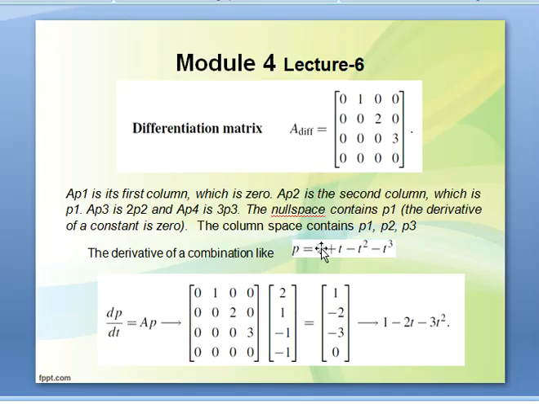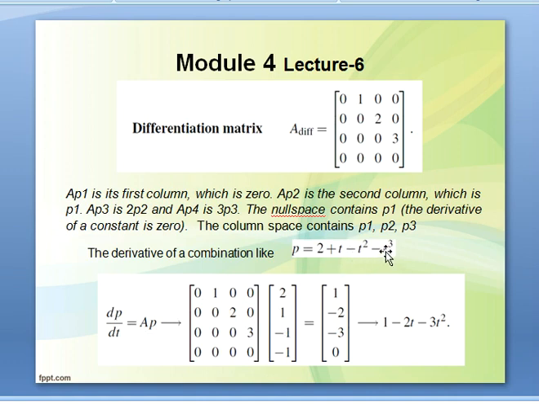To do the differentiation we use the matrix, which represents d by dt. So the differentiation matrix is taken and multiplied with P. What is our P? It is 2, 1, -1 and -1, all the coefficients.